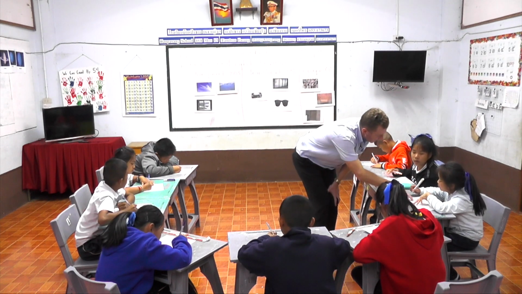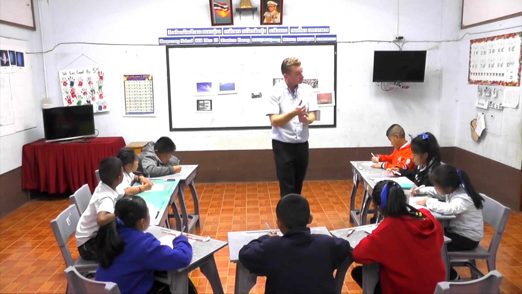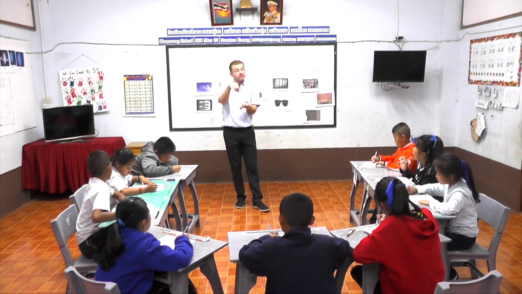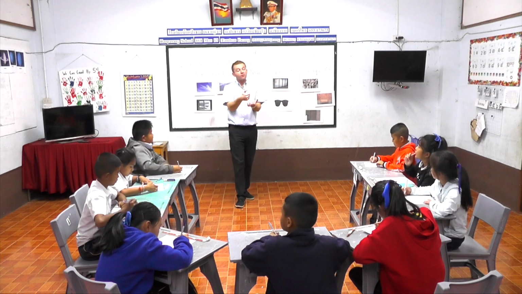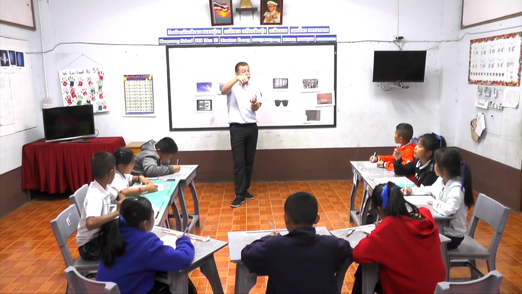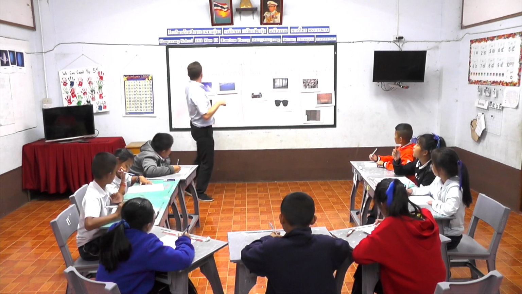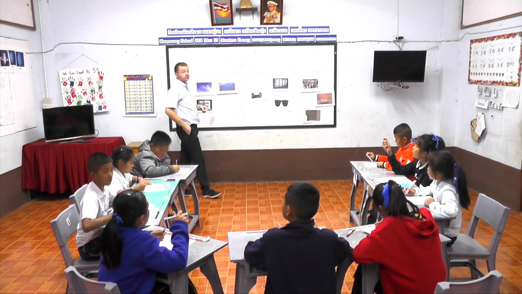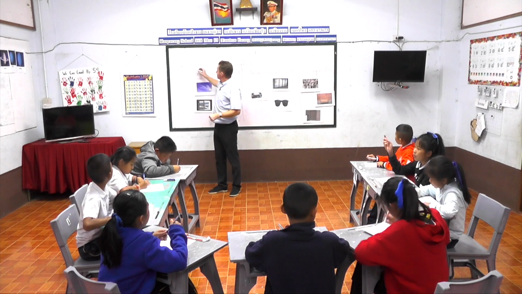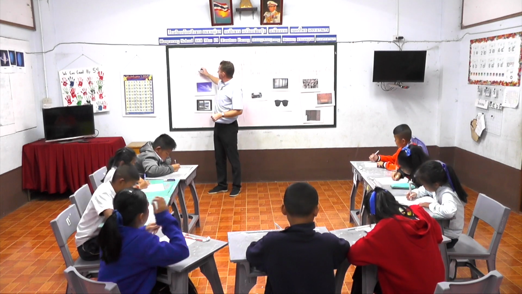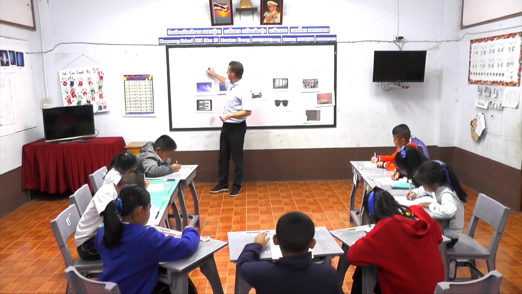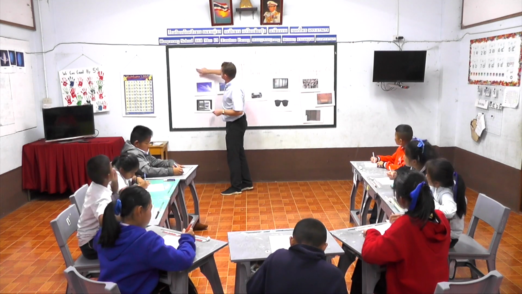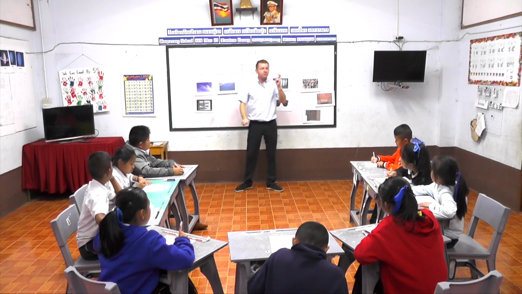Now that is a candle. What do we need to light a candle? When it's somebody's birthday, when it's our birthday, what do we have on our cake? Candle, and we need the fire. So candle, we will say C-A-N-D-L-E. Actually, sorry, candle is artificial.